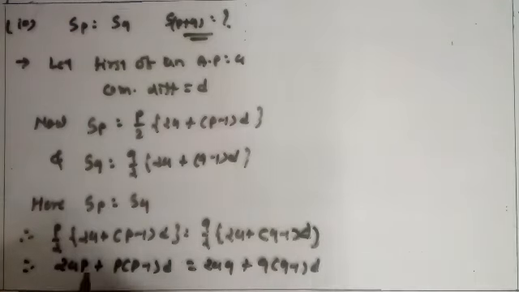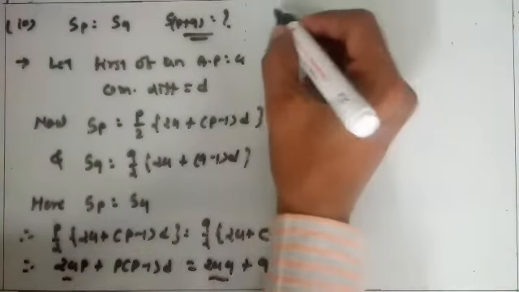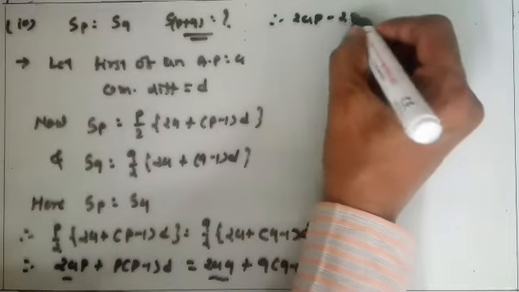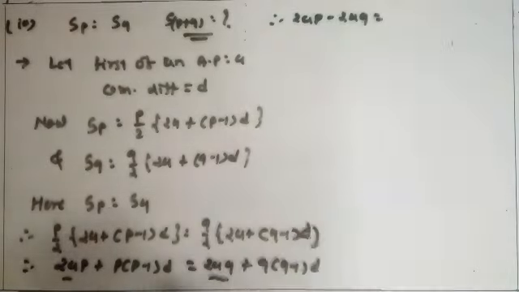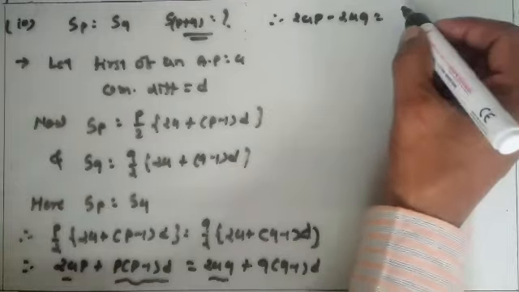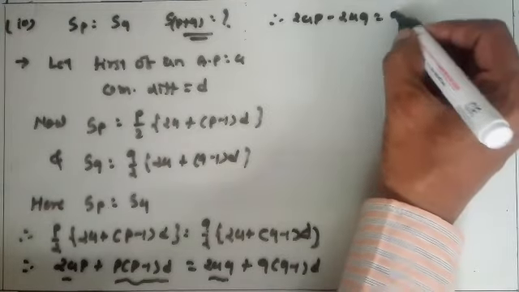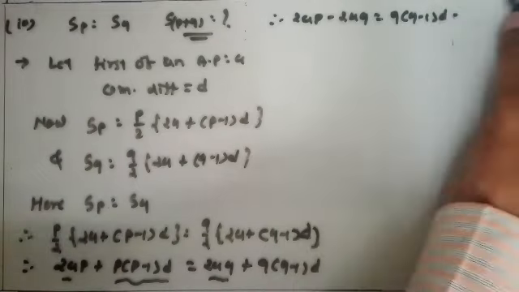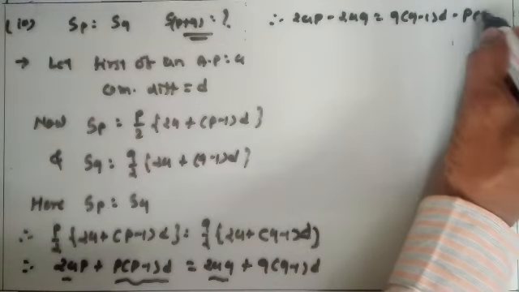Clear? Now take the terms with A on one side, so we get 2AP minus 2AQ is equal to the terms with D on the other side, that is D into Q into Q minus 1 minus P into P minus 1.